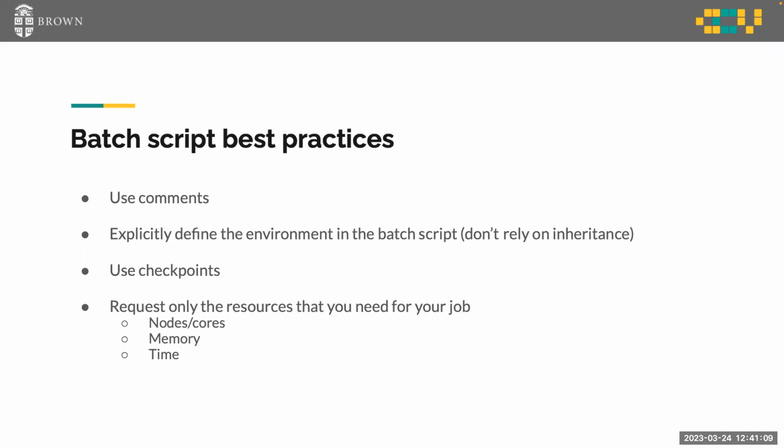Don't rely on inheritance. When you launch a job, that job inherits whatever you happen to have loaded into your environment at the time. That's great. But if you set up your batch script to rely on a particular module, and then a new version comes out and you load that by default in your .modules file, suddenly you're not using the same modules when you run your command.